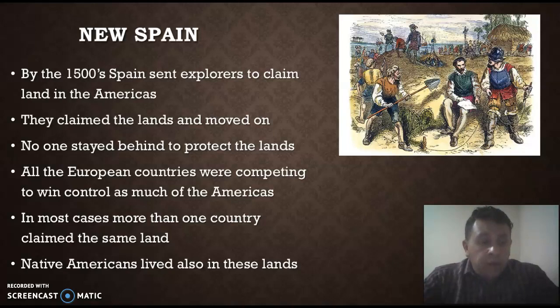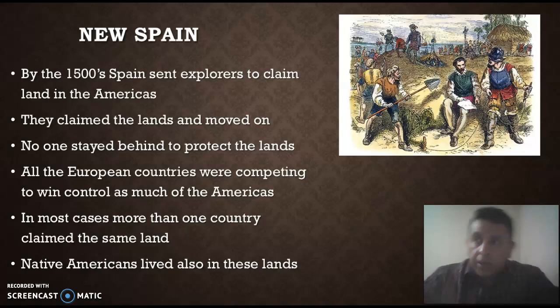So we are going to be settled in the early 1500s, okay? And this is when explorers were sent to claim lands in the Americas, okay? We have seen that there were Spanish explorers and other nations exploring, okay? Everybody tried to claim land, but here was a little problem.